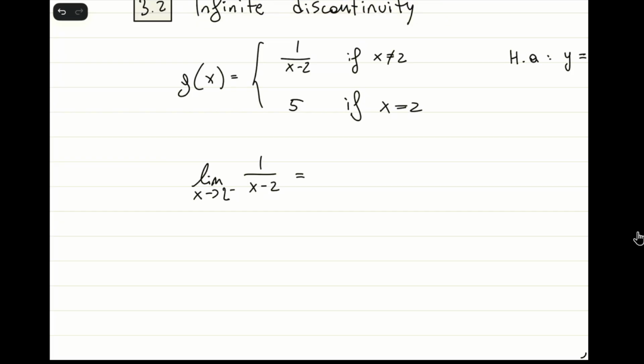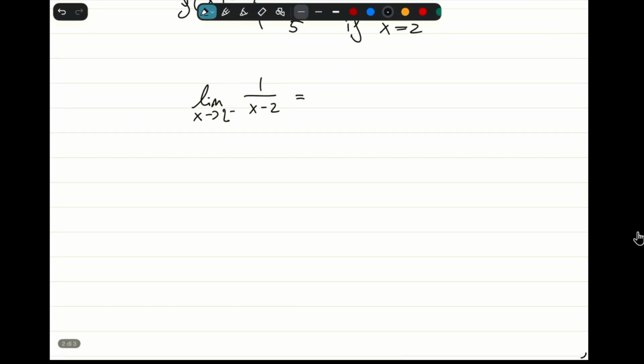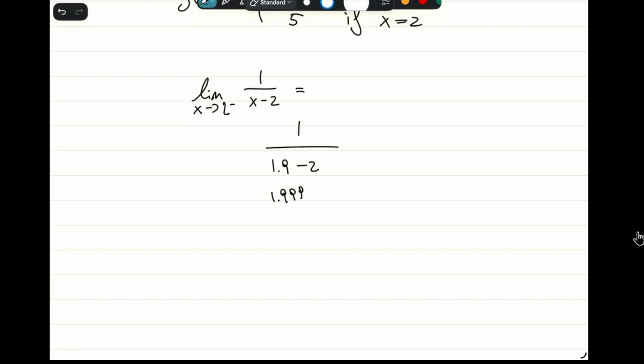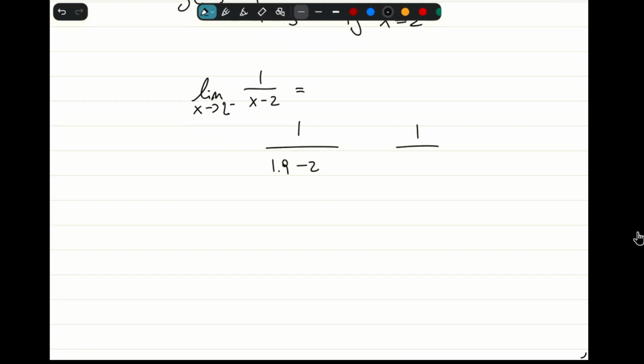So we're approaching from the left, remember, so a value a little smaller than 2. This means we'll try to substitute mentally here. We'll have something like 1 over 1.9 minus 2, or this could be 1.999, doesn't matter, as long as you see that you would be left with 1 over negative 0.1.